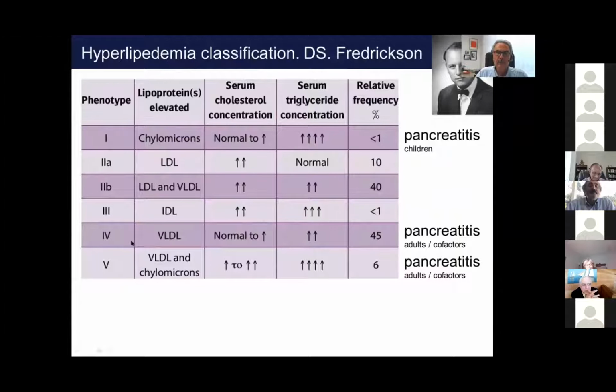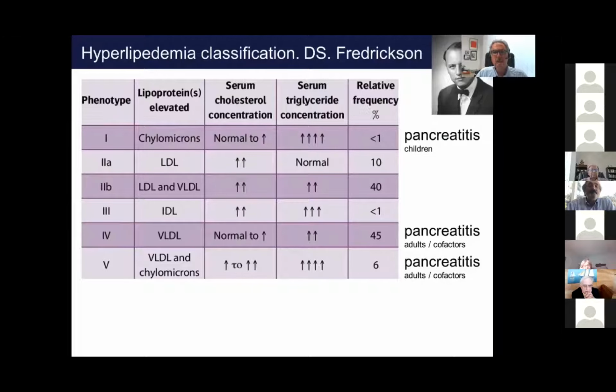The important thing to remember is that pancreatitis, when it occurs in the context of lipid disorders, occurs in conjunction with type 1, type 4, and type 5. What these have in common, at least type 5 and type 1, is that it's essentially chylomicrons that cause the disease, or in other words, the equivalent, high triglycerides.